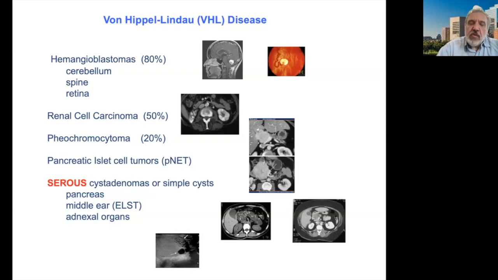When I use the word malignant, cancer, I mean that they have the potential to spread. The hemangioblastomas do not spread. Most of the pheochromocytomas do not have the potential to spread. Renal cell cancers do have the potential to spread, and so do pancreatic islet cell tumors in the pancreas. So these are the four main players that can give us trouble in VHL disease.